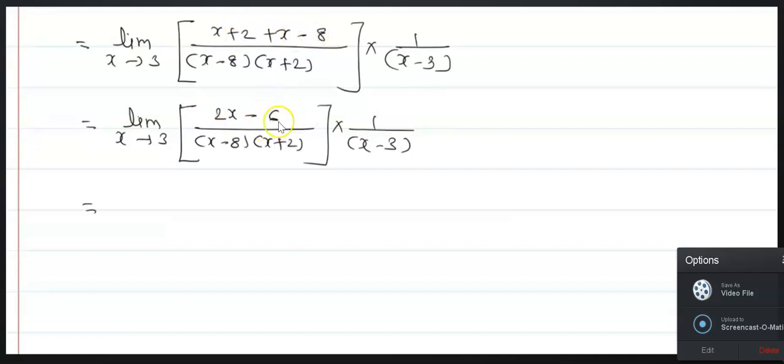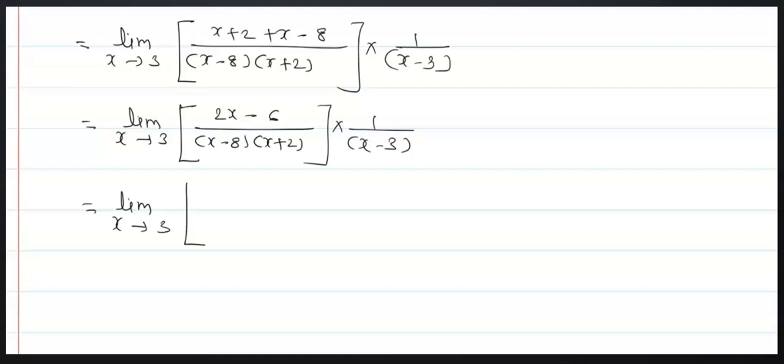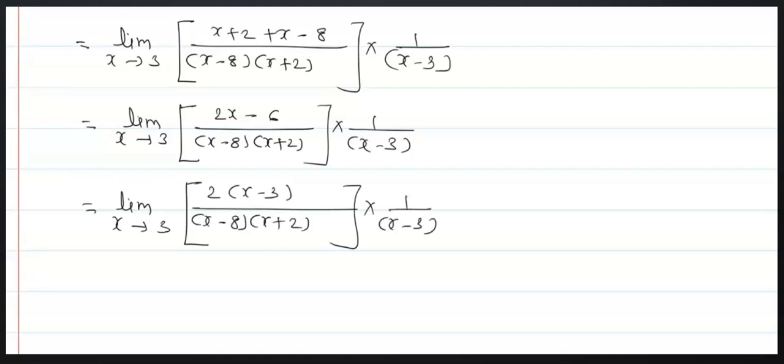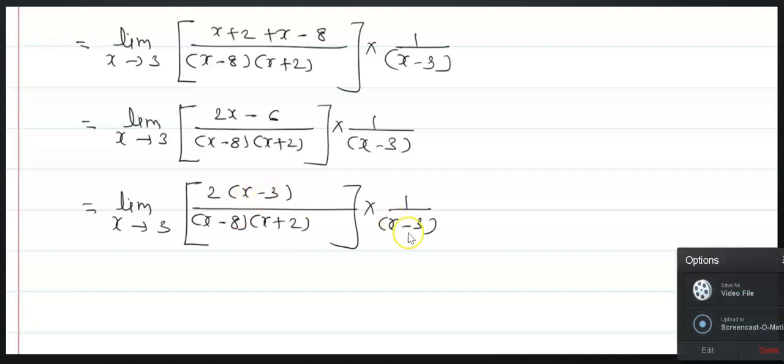Take 2 as common, then in bracket you will get x minus 3. Now this x minus 3 and x minus 3 will cancel, and then replace x by 3. Then you will get 2 upon x minus 8 into x plus 2.